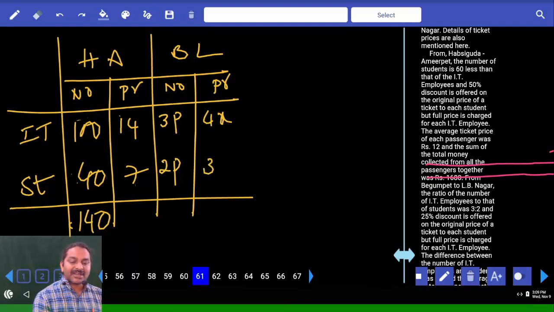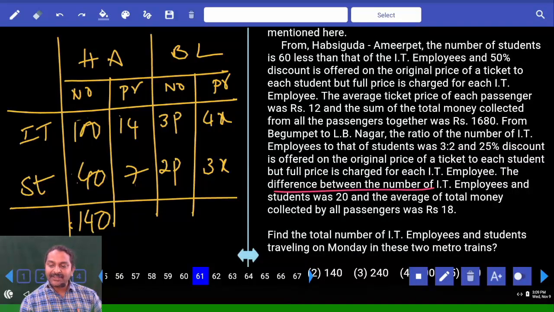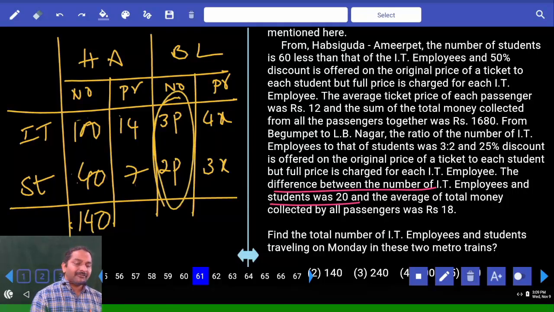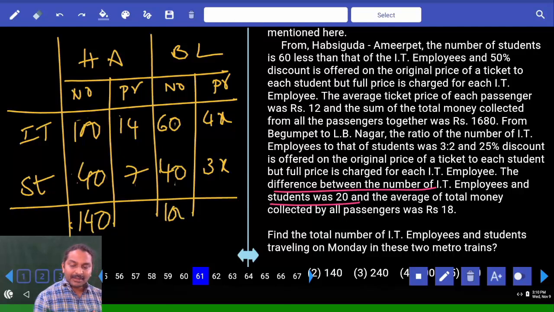Then students get charged 3x. Continue. The difference between the number of IT employees and number of students is 20. In terms of parts, 1 part is 20, 3 parts 60, 2 parts 40. So you can write 60, 40, total 100.